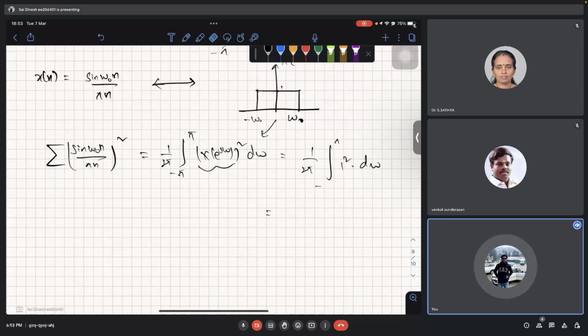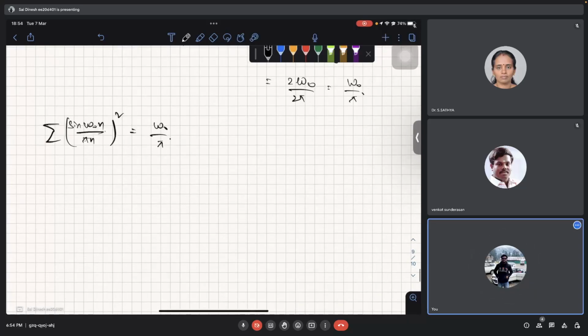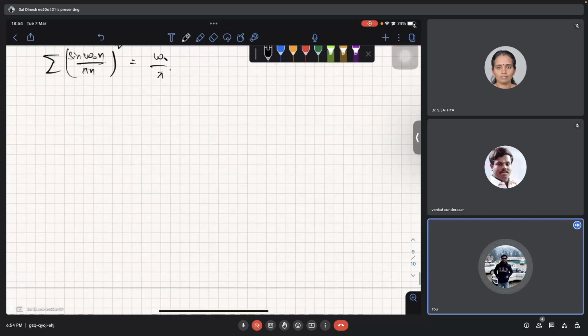And this will be from minus omega naught to omega naught. So 2 omega naught by 2 pi equals omega naught by pi. So now we got that the value of the sum of (sin omega naught n by pi n) whole square equals omega naught by pi. Until here it is clear, right?